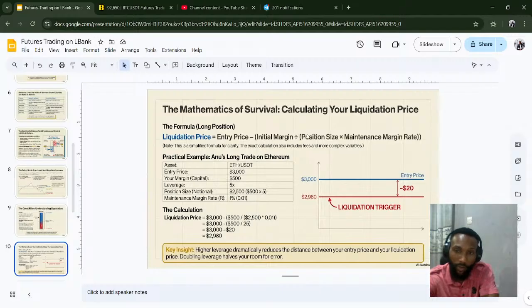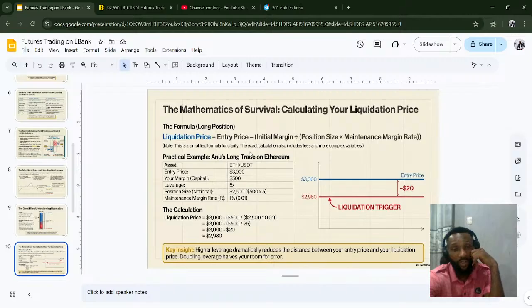So you calculate this first, position size minus maintenance margin rate. Then the initial margin divides the position size minus maintenance, after you have multiplied the position size times the maintenance margin rate. Then you minus the total of this from your entry price.